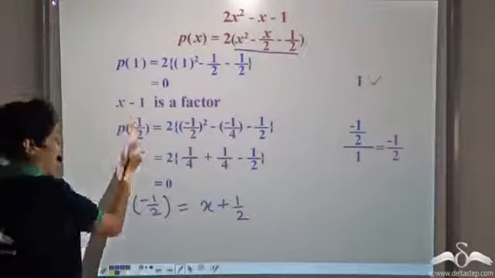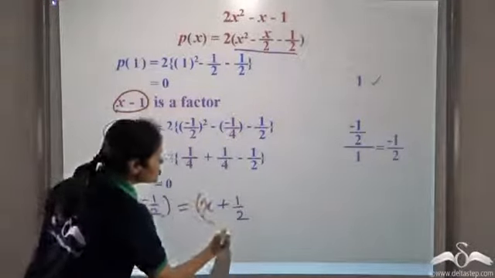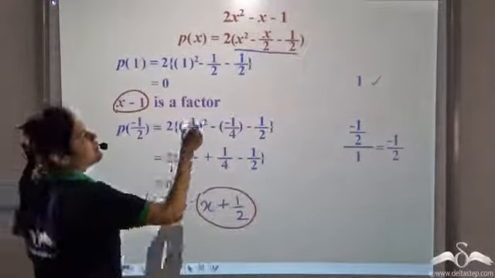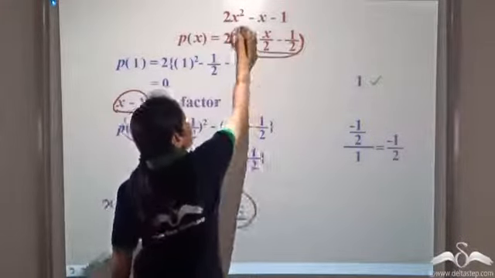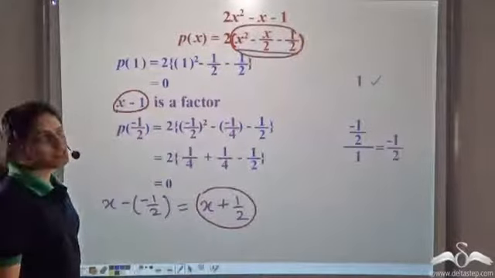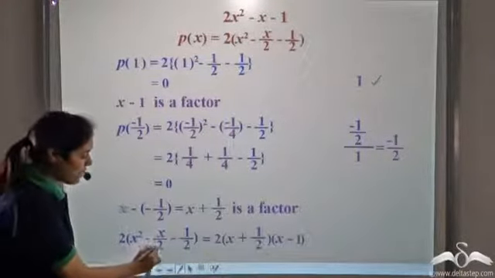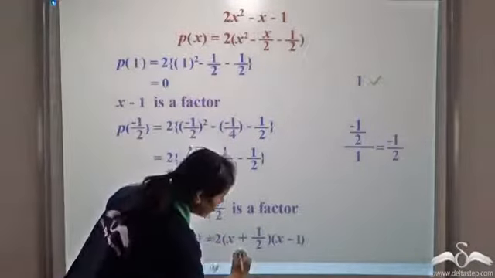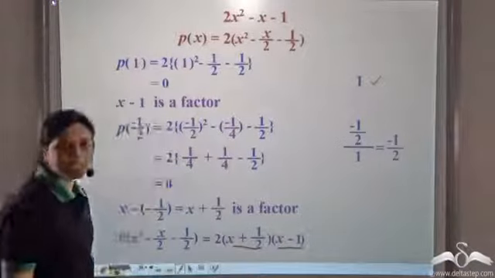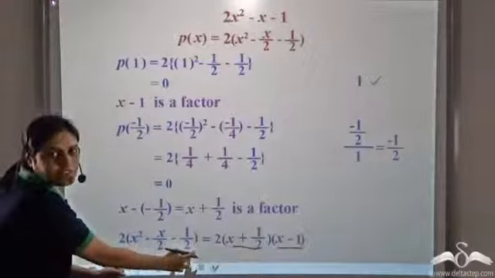Note that x minus 1 and x plus half are factors of this part, that is the part inside the bracket. So we can write 2 into (x square minus x by 2 minus half) as 2 into (x plus half) into (x minus 1), where these two are the factors of this part.